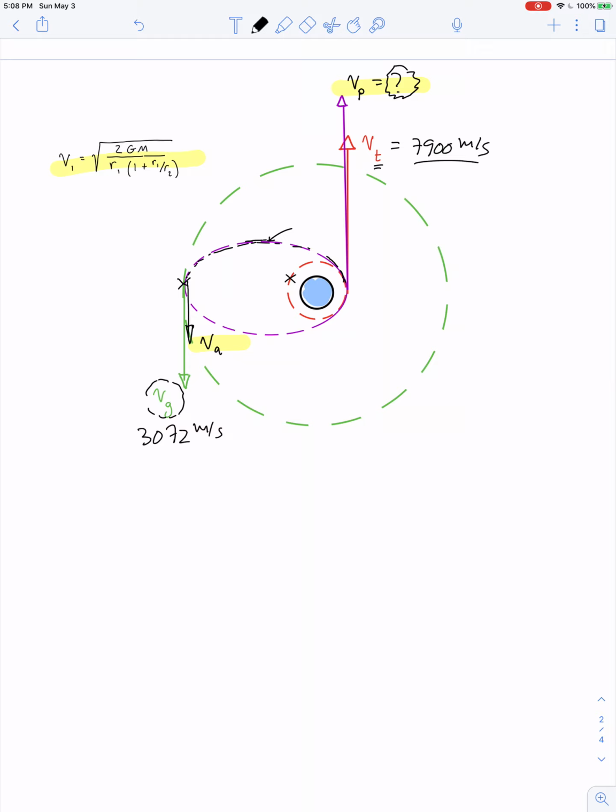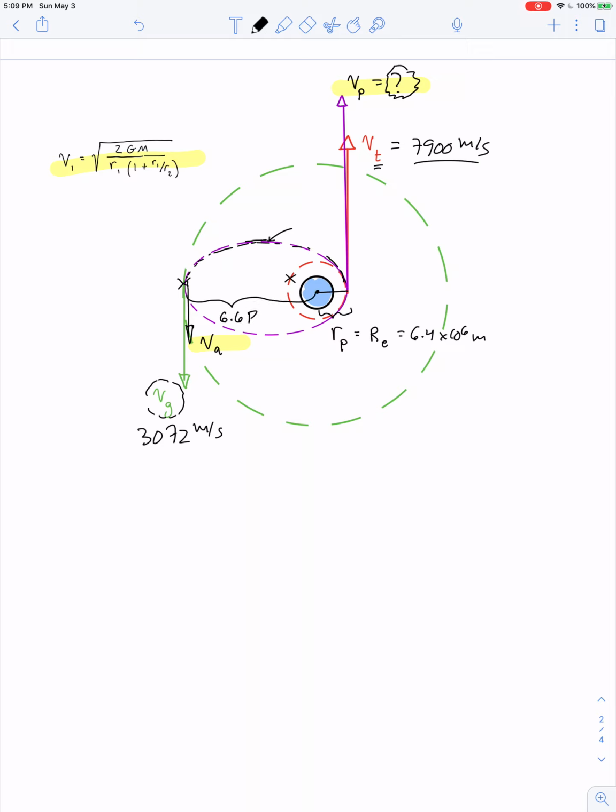Okay, well, we also need to know some distances, so let's see. And I guess we can call this distance right here r subscript p, but we know that value. That's basically the Earth radius of 6.4 times 10 to the 6 meters. And then we also need to know this distance, and we have that.